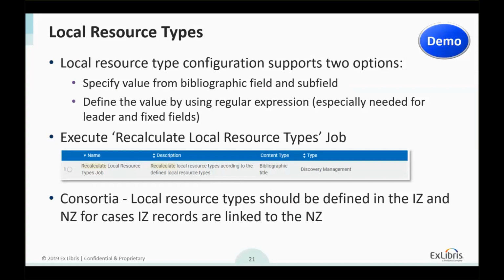In case the record is a local record, which exists only in the institution, then the local resource type can be defined in the institution zone level only. So let's demo and see how we can configure the local resource type.